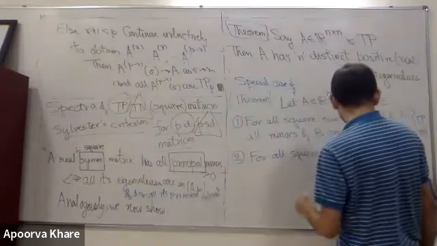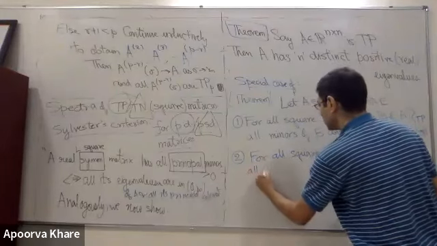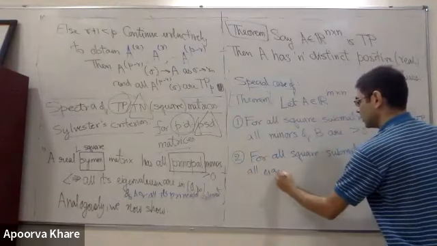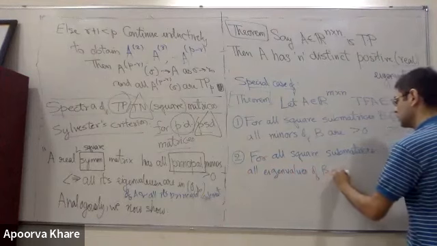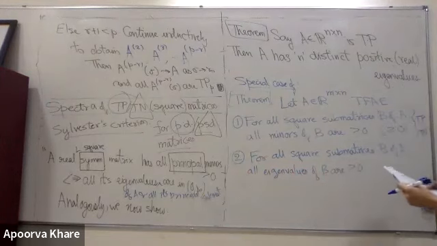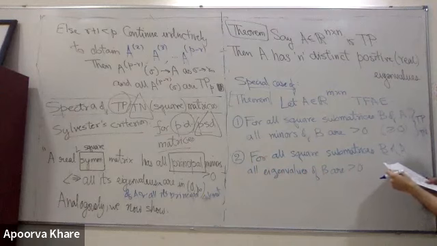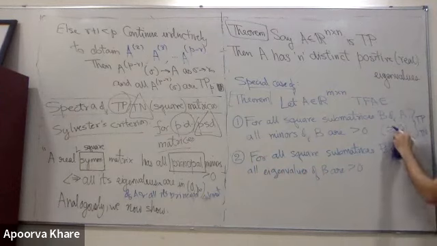Here it was not. For this thing, all eigenvalues of B are positive, and I think I could instead say non-negative. Okay. Maybe I'll do it the other way.